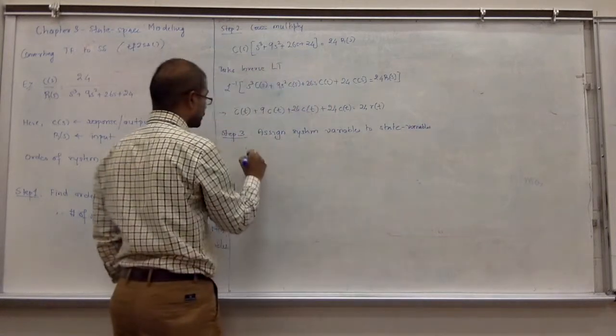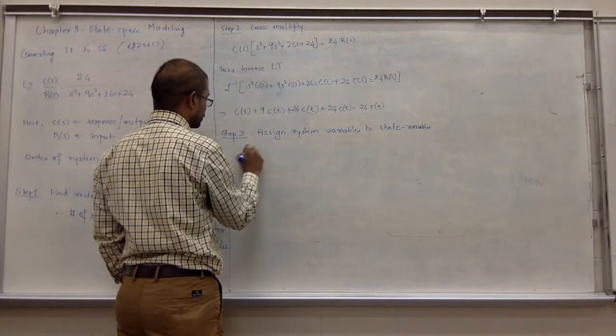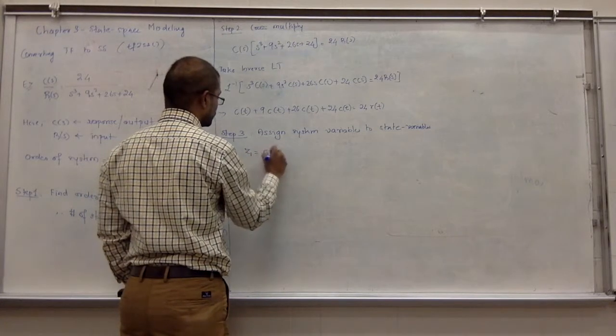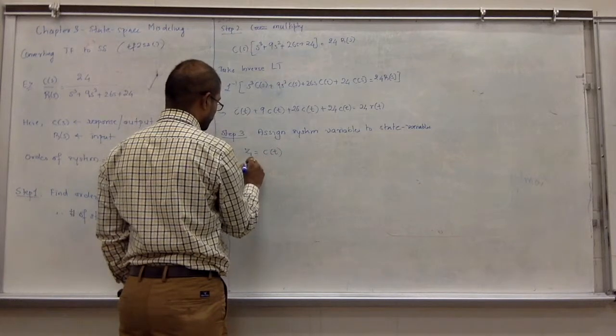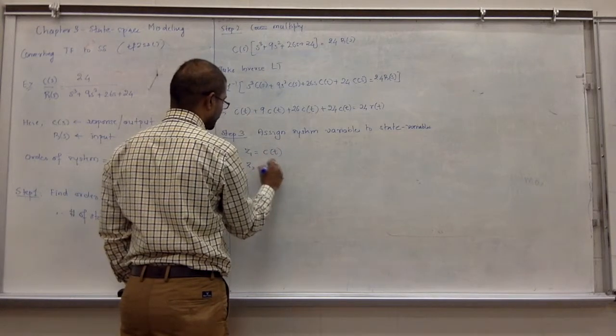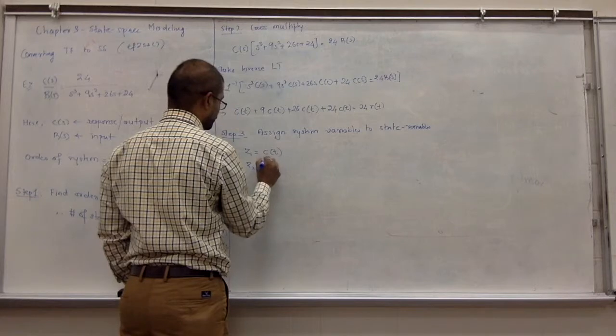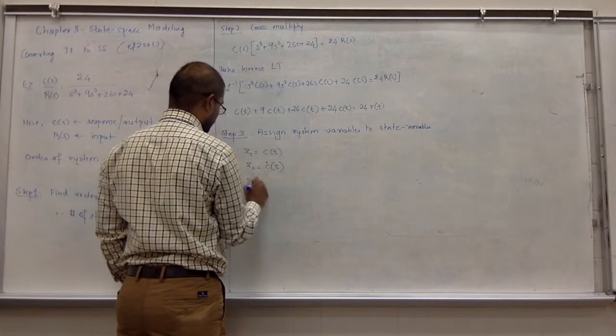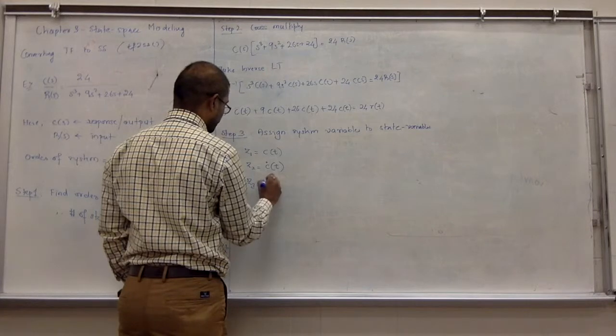So how many state variables are going to be there? Z1 is equal to C of t. Z2 is C dot of t. And Z3 is C double dot.